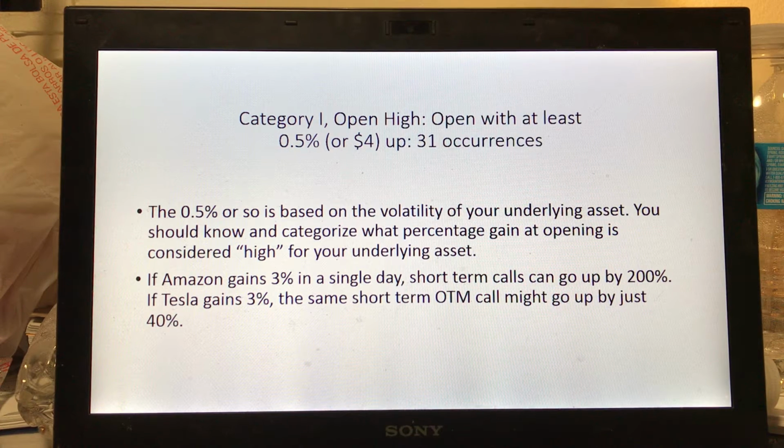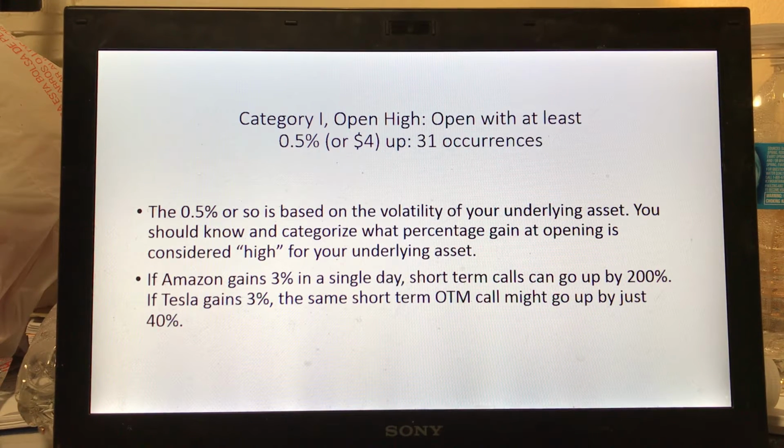So there are 31 occurrences, which is about 1/6 of the time when you can see the stock open high. I believe this matches our intuition. Even in a bullish market, this shall not be very frequent and happens at most 2 times in a 5-day trading week.